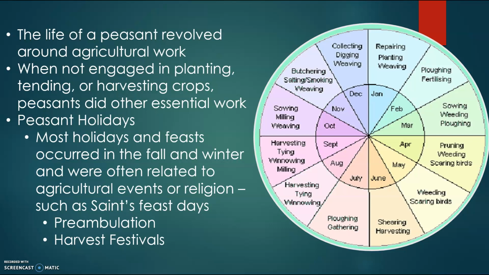Most feasts and festivals were in the winter. In the fall, when there were fewer things to do, they were often working. There were different festivals like the perambulation, where a priest would go out and bless the fields before planting and harvesting. Then you would have harvest festivals, which is actually the origin of the American Thanksgiving, where you bring in food at the end and give thanks for the harvest.